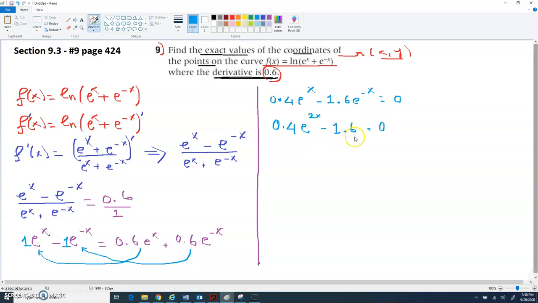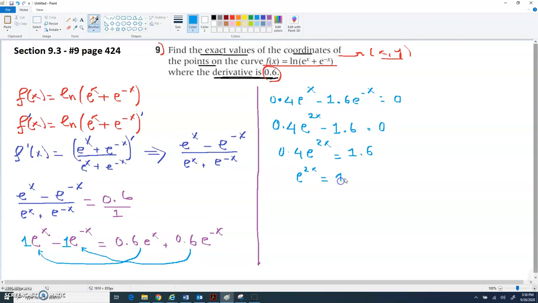From there, I'm going to go ahead and isolate the equation again. That's going to become 0.4 e to the 2x equals, bring the 1.6 over to the right, a positive 1.6. If I want to get the e to the 2x by itself, I'm going to divide everything by 0.4.